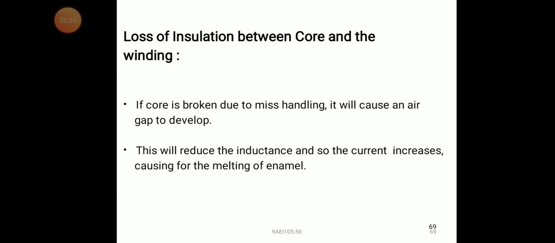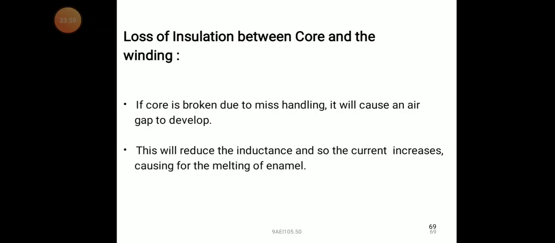This will reduce the inductance and so the current increases. When the core breaks, the linkage of the flux will be reduced. If the flux linkage is reduced, inductance will decrease and the current increases. This increasing current causes the melting of the enamel. If the current increases, the enamel will melt.